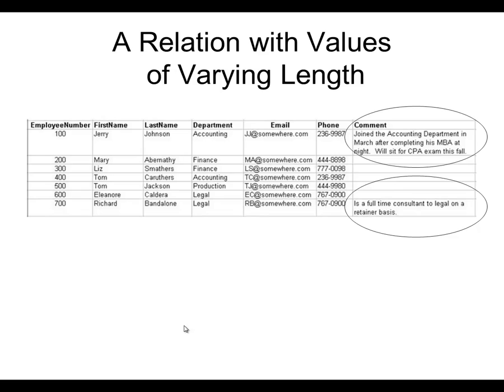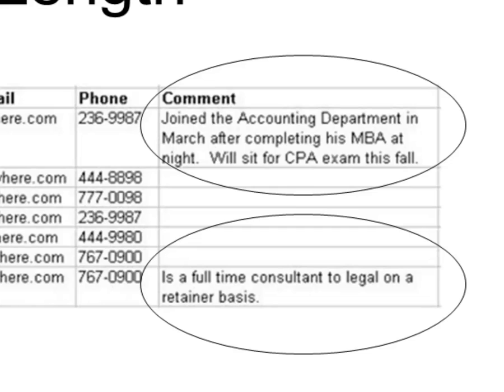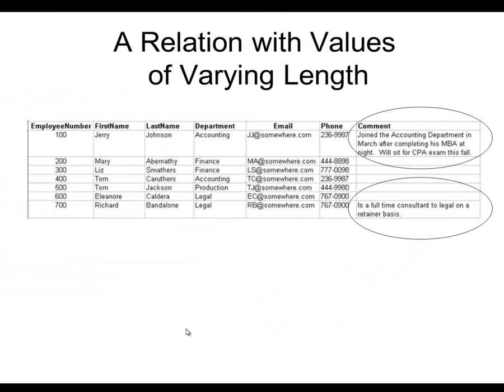This is an example of a relation with values of varying length. In this case, in the comments, I had to add comments that are different for different people or for different entities. That's why we have varying length in this case. But this is acceptable.